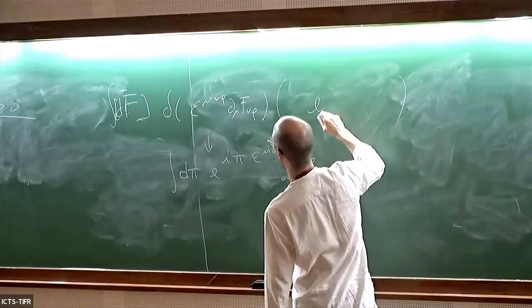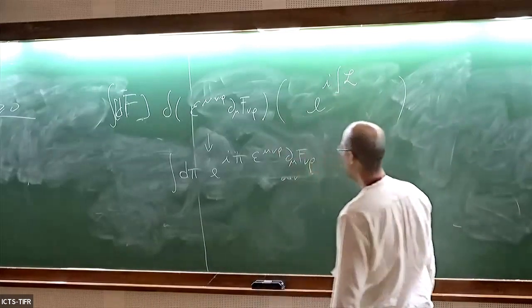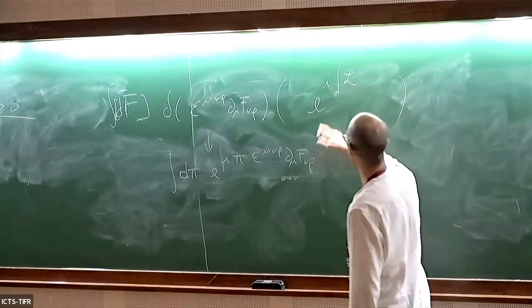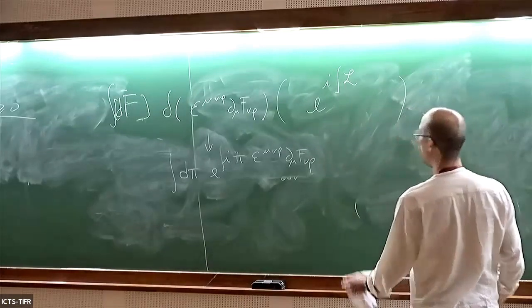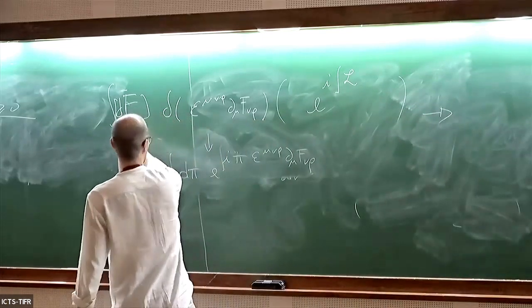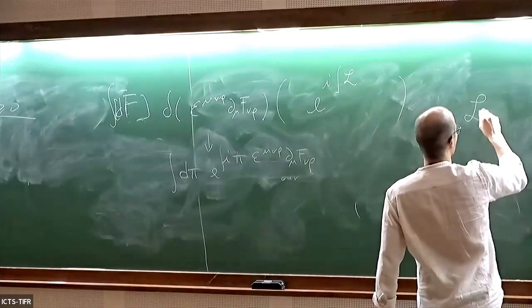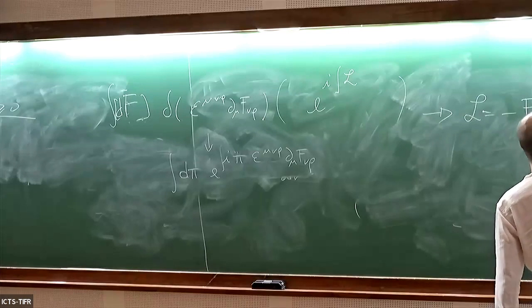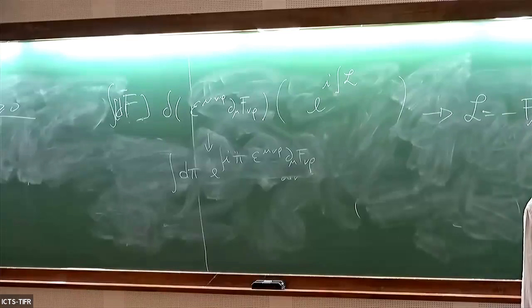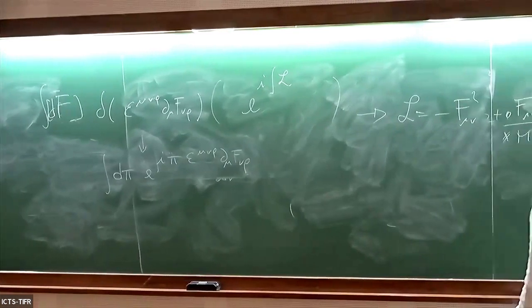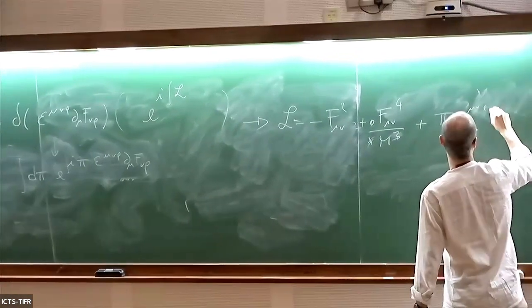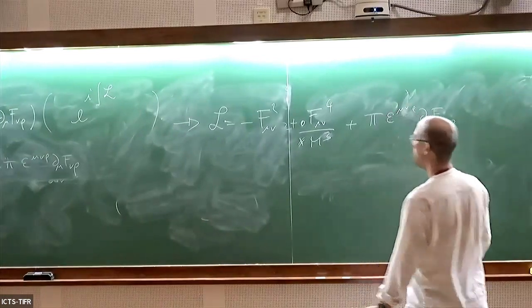So whatever Lagrangian you had, which you're integrating over all points of space-time, rather than integrating over A, you're integrating over F with a new Lagrangian: minus F_{μν}^2 plus F_{μν}^4 over M^4, in this case 3 because we have 3 dimensions, some factor, and then plus π ε^{μνρ} ∂_μ F_{νρ}.